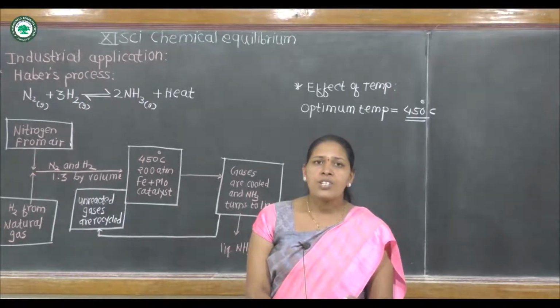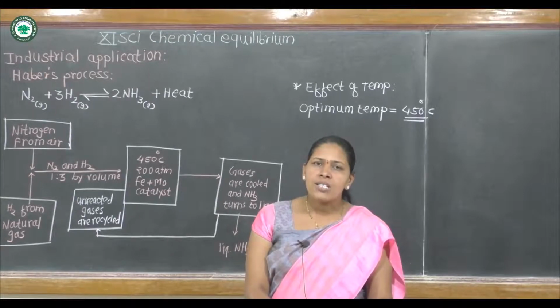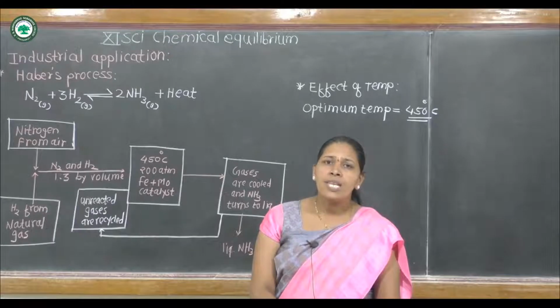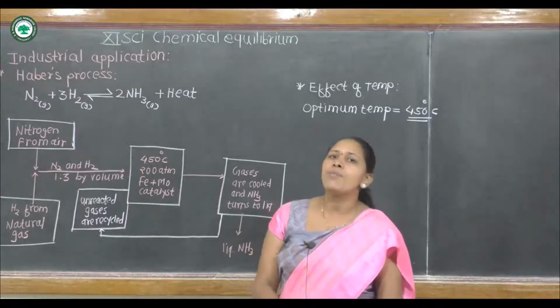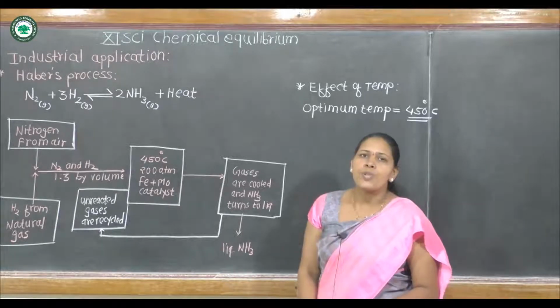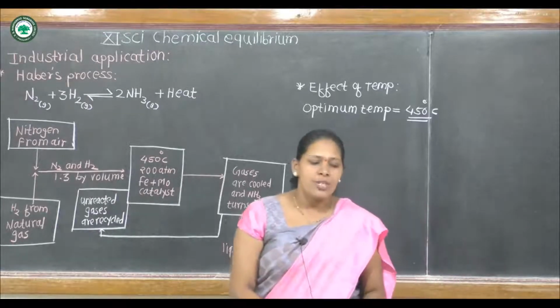At high temperature the reaction occurs rapidly, but the formed ammonia will be decomposed. Therefore, an optimum temperature of about 450 degrees Celsius is required for formation of ammonia in the Haber's process.